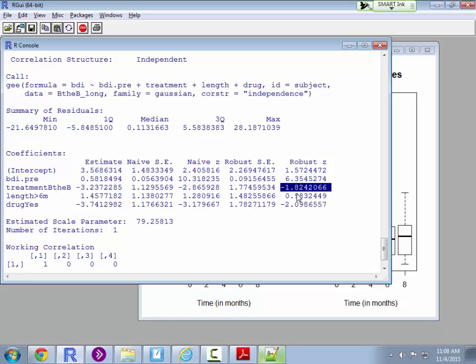And not quite statistically significant, but promising treatment effect. So treatment is 0 or 1, depending on whether you're control or beat the blues, respectively. And what the model is saying is that treatment group tends to have lower depression. And it's marginally statistically significant because its test statistic is nearly -2. If it was bigger than 2 or less than -2, I would say p-value less than 0.05, and it's close.